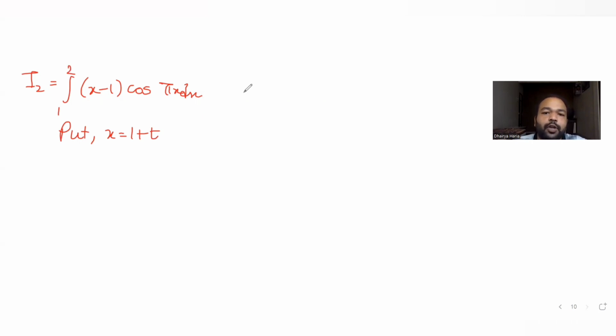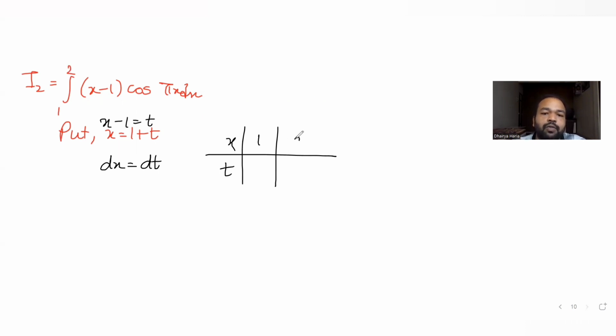So dx becomes equal to dt. And if I put the values of x to find t, x goes from 1 to 2, so 1 minus 1 becomes 0, and 2 minus 1 becomes 1. So the new limits of the integral are from 0 to 1.